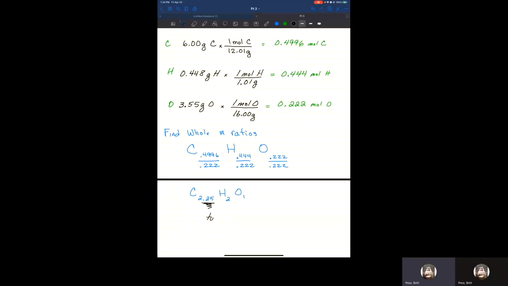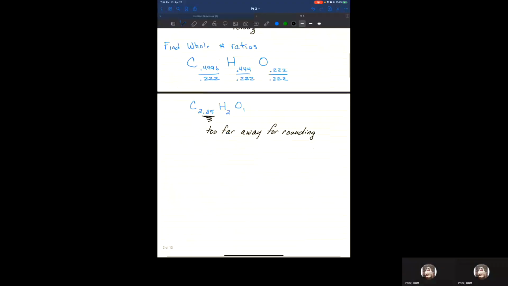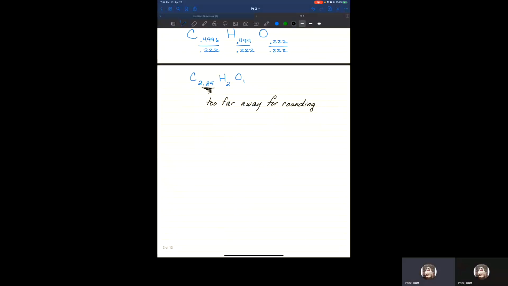This is too far away for rounding. But I do know 0.25 is the same as 1/4.